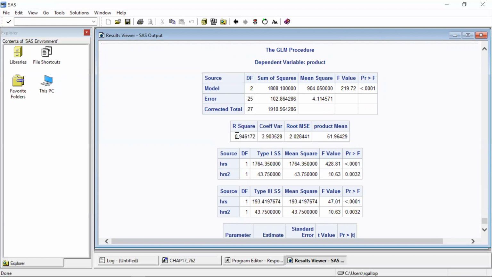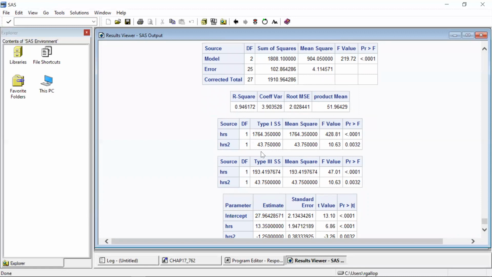So modeling productivity with linear and quadratic time as opposed to categorical time, we only lose 0.03% variance explained. Not 3%, 0.03%. Not a sizable, not a significant decrease in the explained portion of the variance of productivity. We gain a degree of freedom.